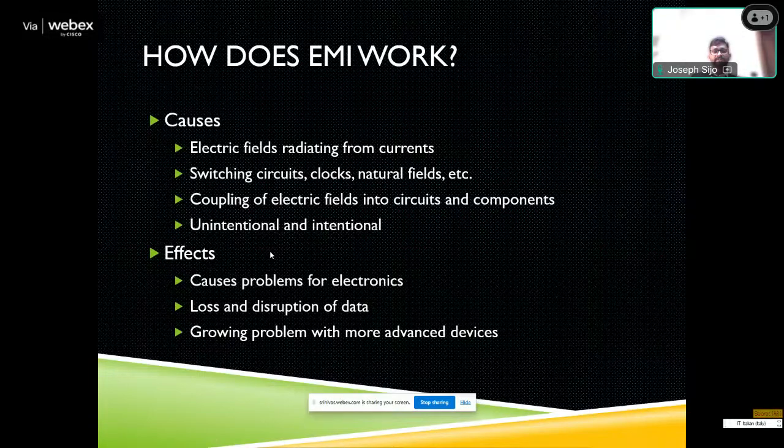For a big example, military applications use a separate frequency range for communication, but sometimes interference will cause big data loss, such as a country's secret code. So we have to be careful while designing each circuit, to avoid this kind of interference from other devices and from the same devices.